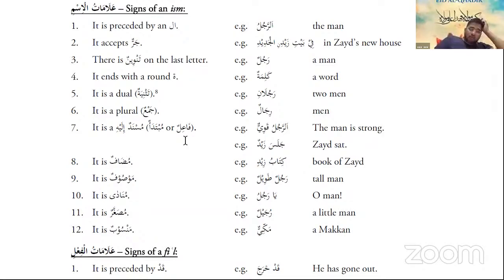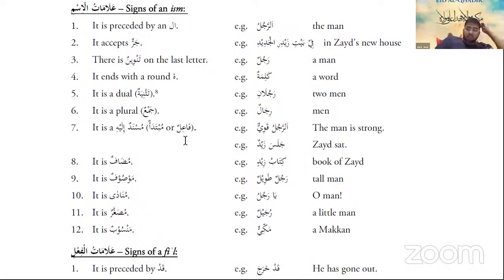Is the example referring to ar-rajulu or qawiyun as the noun? Ar-rajulu is the man. Exactly. And qawiyun is an adjective, I would say. It's a predicate. The man is strong.